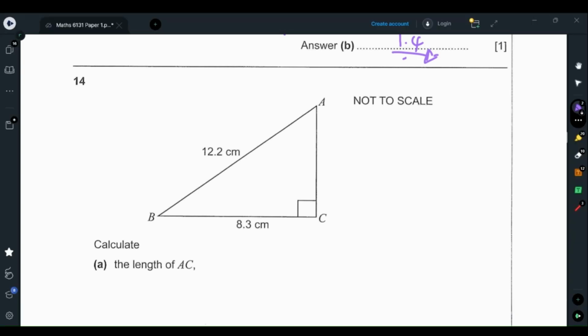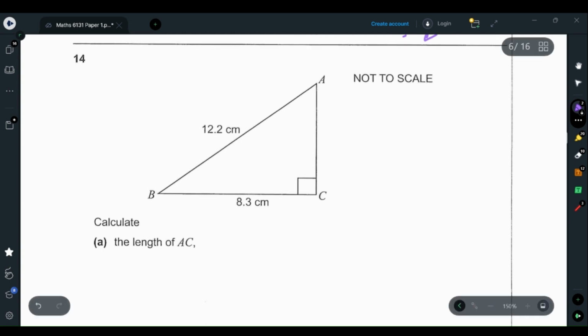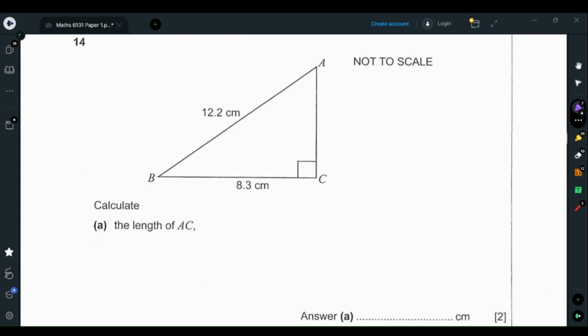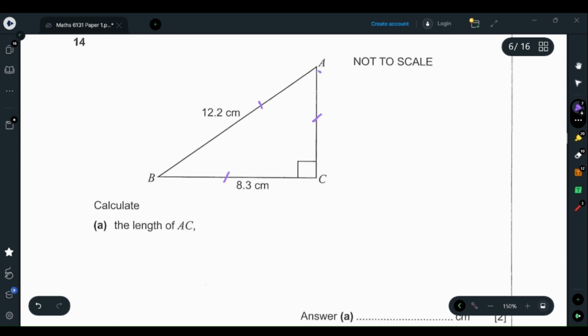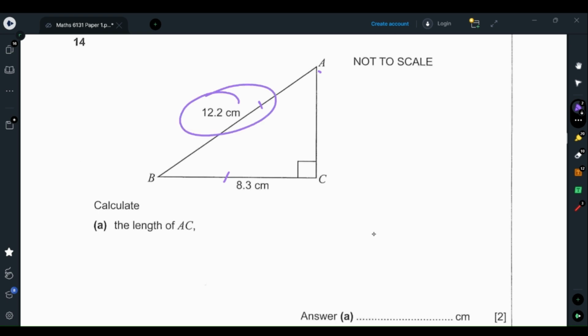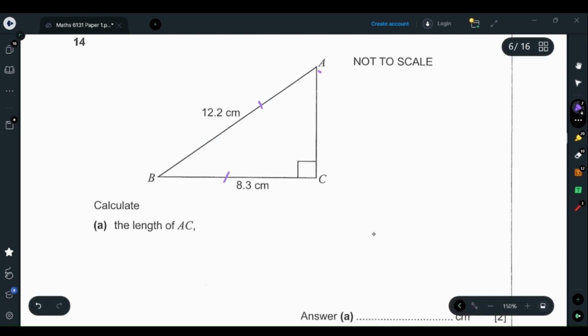Next up, 14. Calculate the length of AC. This is AC. Since it's a right angled triangle, we know that this is the opposite, that is the hypotenuse, and this is the adjacent, assuming this was our angle. In this case, to get the opposite, we subtract from the hypotenuse, because that's the longest side.